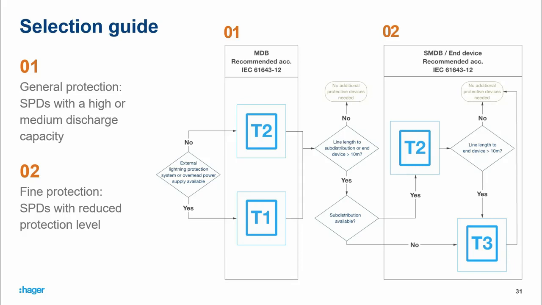As you see, the selection guide is divided into two parts. The first part talks about the main distribution board, and the second part talks about the sub-main distribution board.